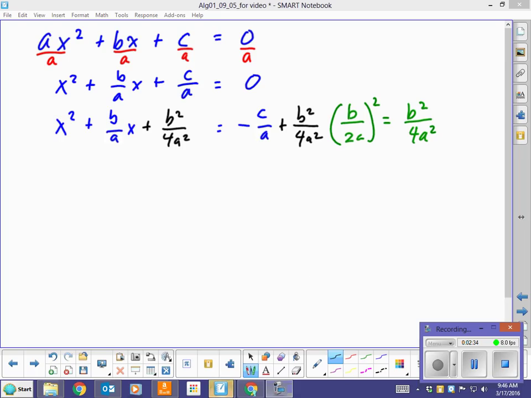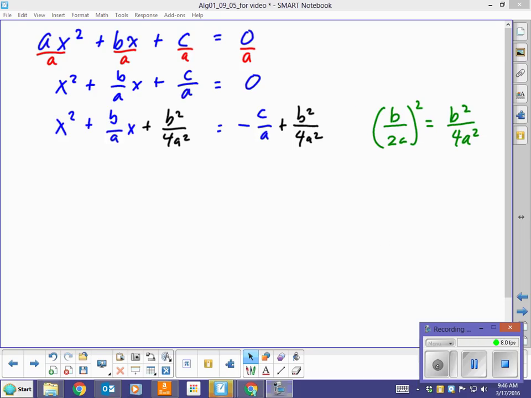Okay, now what did we do next? We took the fact that this was a trinomial square here and we factored it. So I know this is going to come down to be x plus, and then the square root of this, which we already know was going to be b over 2a, quantity squared.